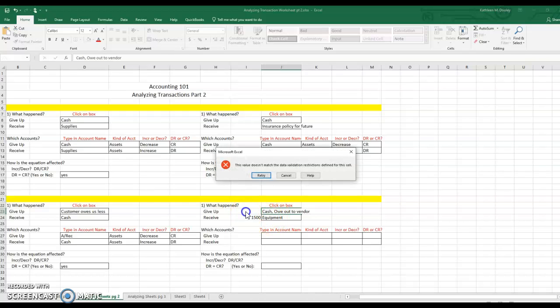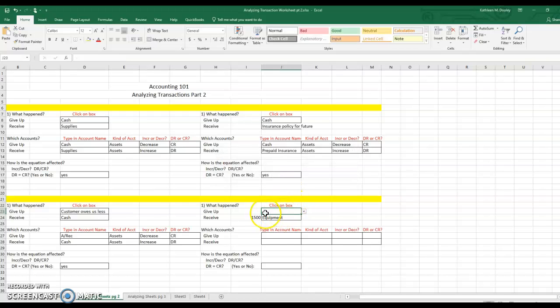Let's just do the cash part here, and that was $300. And then we'll also put down that we owe out to vendor, and that was $1,200. That is also another give up.